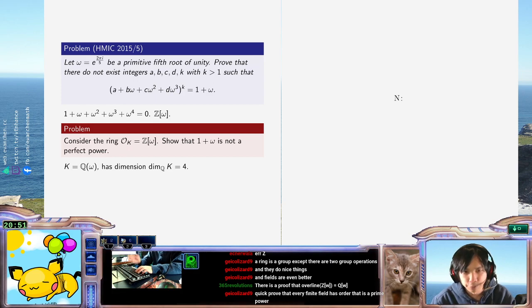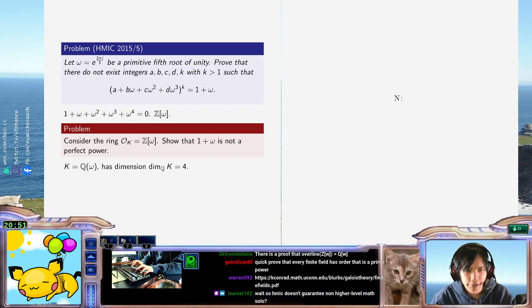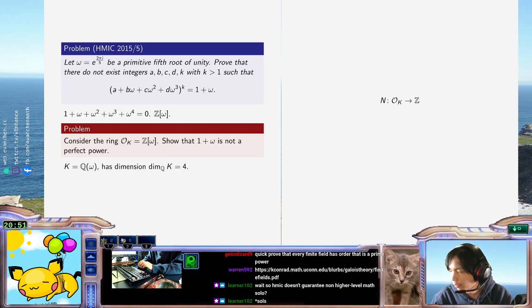Anyways, there's a norm map. This norm map will take O_K into Z. So for every element of the ring of integers of K, it's going to assign a number.